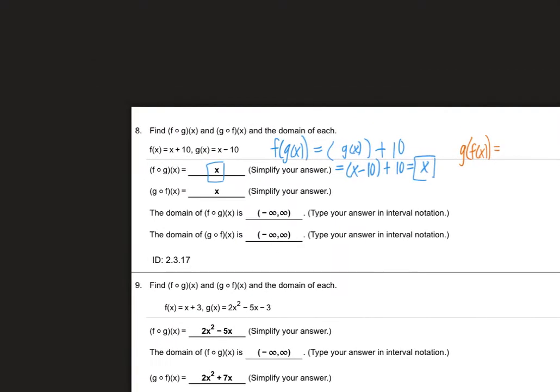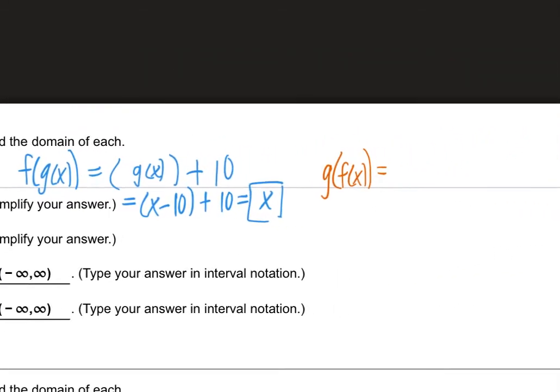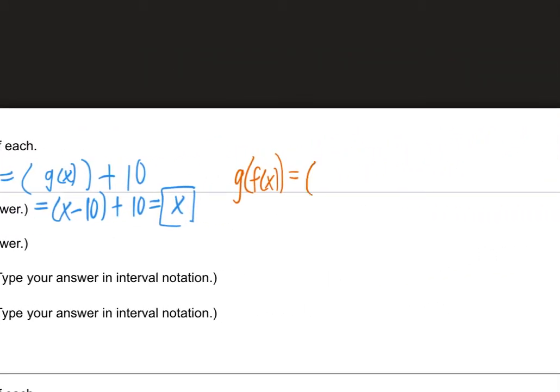Well, the g function is x minus 10. So g of something is something minus 10. Well, if g of something is something minus 10, that means g of f of x must be f of x minus 10.